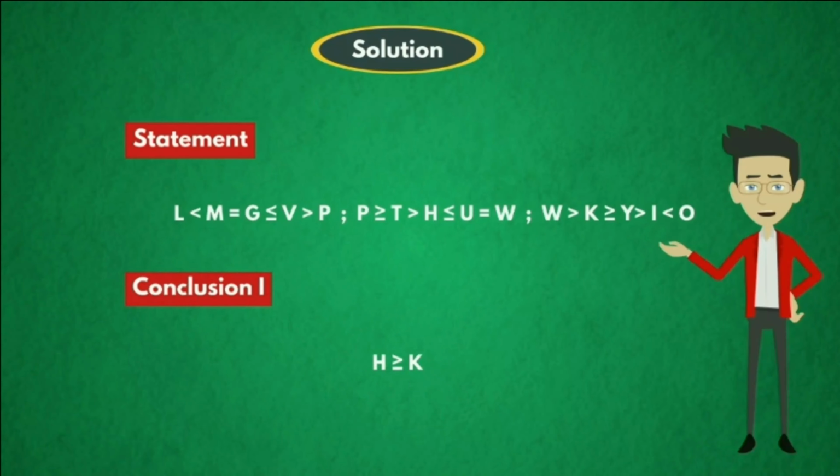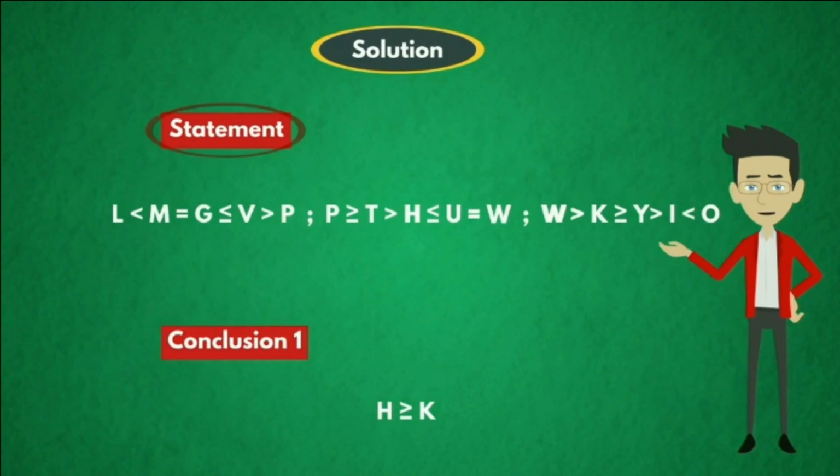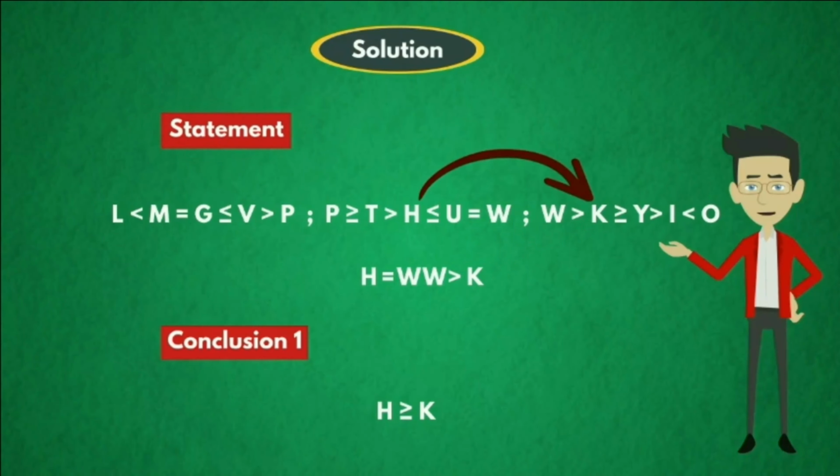Conclusion 1. H greater than or equal to K. Here in the statements, we don't have a direct relation between H and K, but we combine these statements.